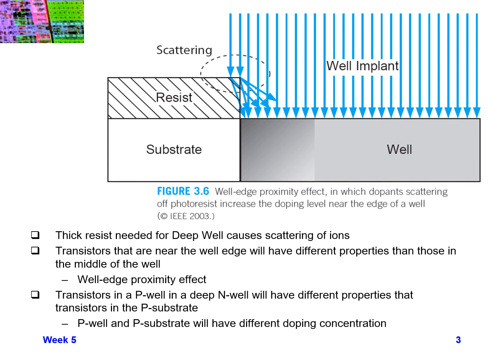The other thing is transistors in a P well that's in a deep N well will have different properties than transistors that are just in the P substrate. So if you design some transistors in your P substrate and some transistors inside the P well that's inside the N well, the P well has a different doping concentration than the P substrate, and so you will get different properties of those transistors.